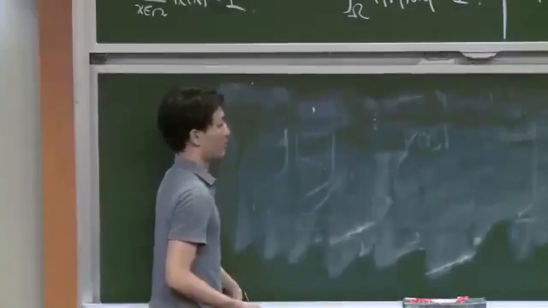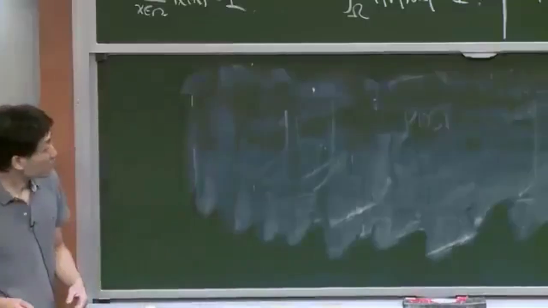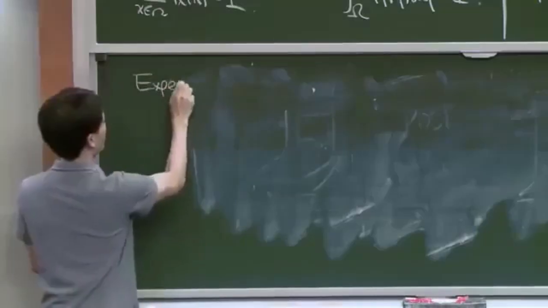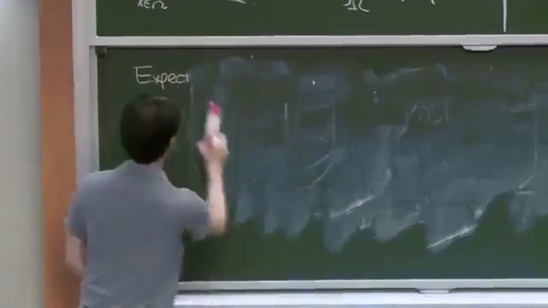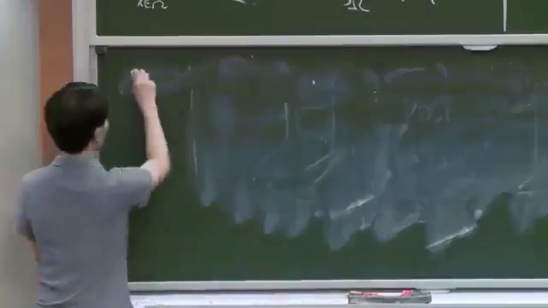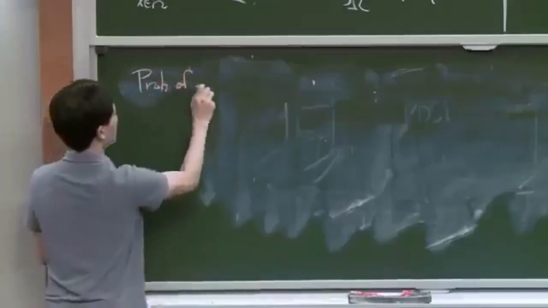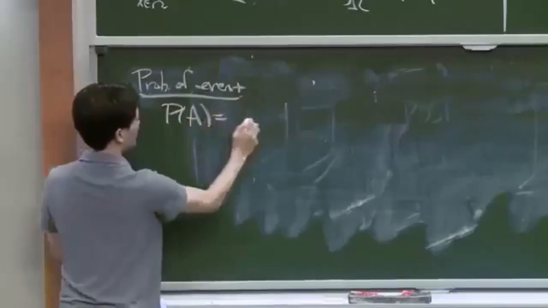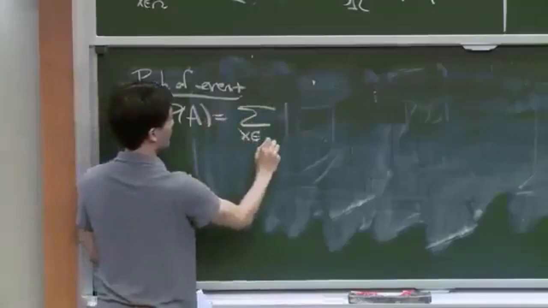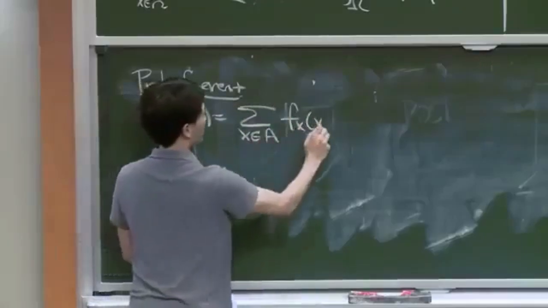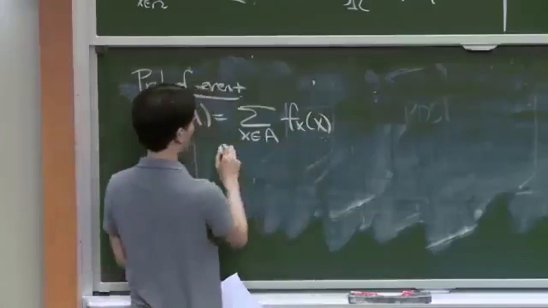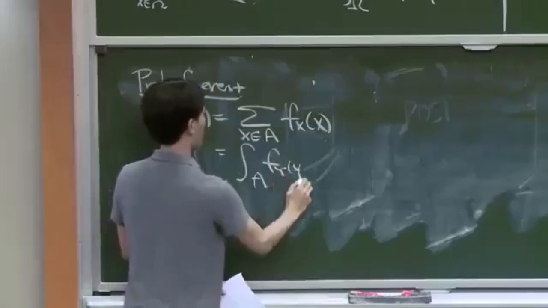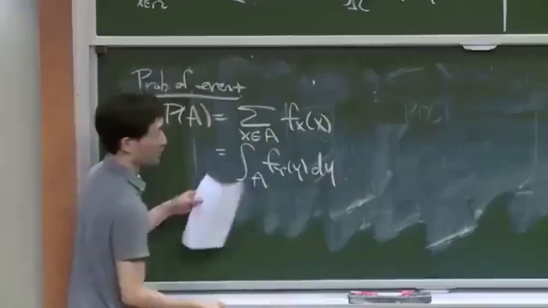Okay, then a few more things. Probability first. Probability of an event A can be computed as the sum of the probability mass function over all points in A, or the integral over the set A, depending on what we're using.